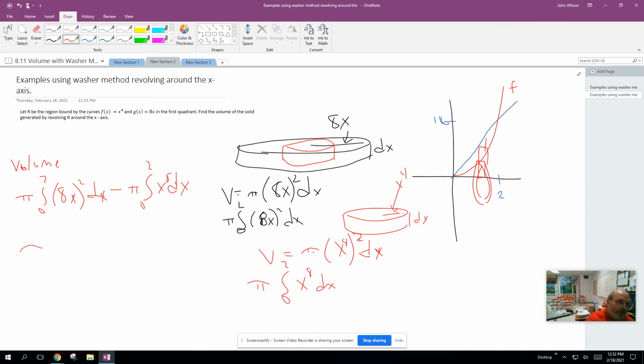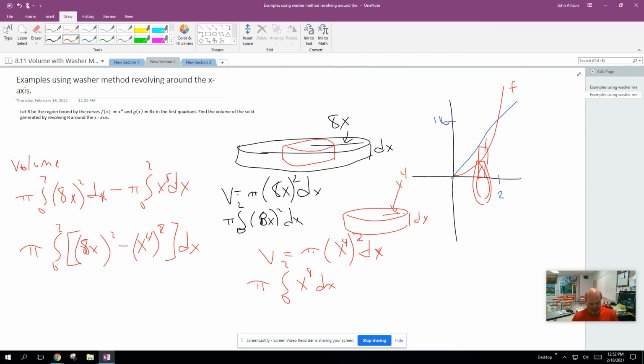Or you could use the formula and say that's pi times the integral from 0 to 2 of the upper curve, 8x, all squared, minus the lower curve, which is x to the 4th, all squared, or x to the 8th, you could have written in there, all that times dx. Either way, it's going to give you the same function.